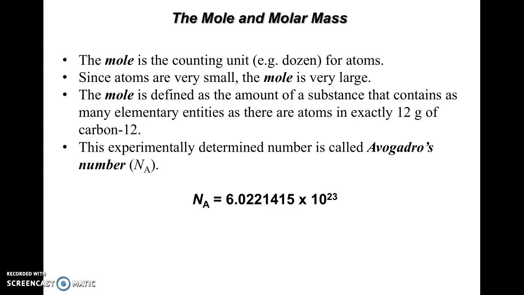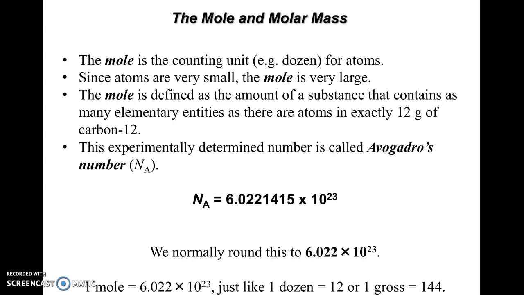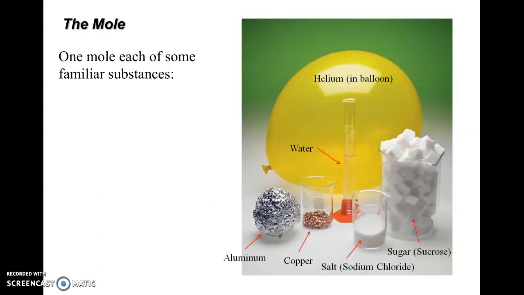Avogadro's number is 6.022 times 10 to the 23rd. Typically, we would just round it off as 6.022 times 10 to the 23rd. So 1 mole is 6.022 times 10 to the 23rd particles, just like a dozen is 12 eggs or bananas, and a gross of pencils is 144 pencils. It's just a very large number in order to get a large enough amount that we can handle.